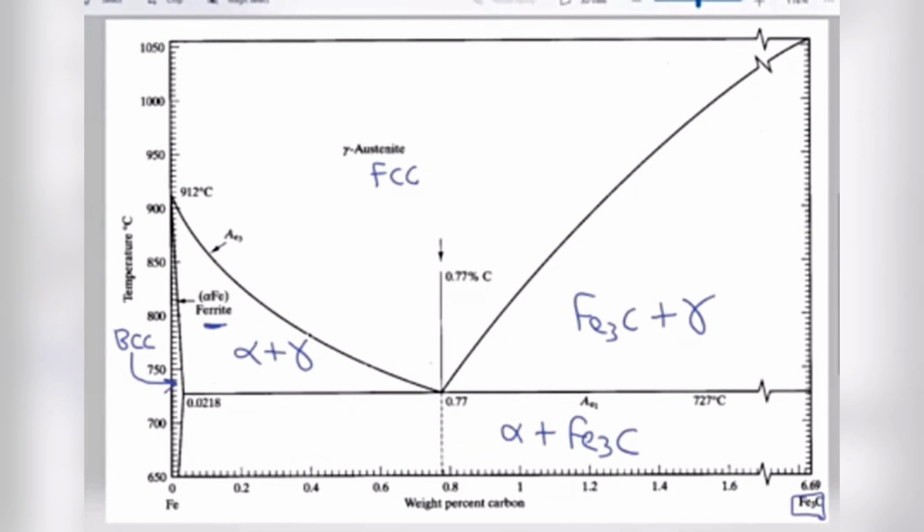The first thing to discuss is what happens at our eutectoid point. At our eutectoid point, we're going to go directly from austenite, FCC, into our laminar layers of alpha plus iron carbide, or ferrite plus cementite. I'll sketch it up here at the top.